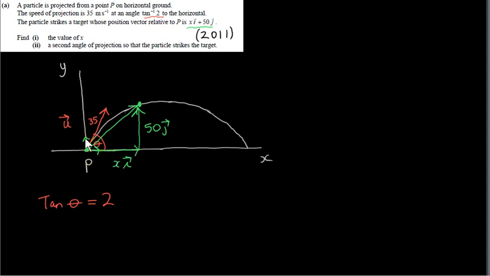And if we multiply j by 50, we get this vector 50j. And if we add xi onto 50j by the triangle law, we get the position vector of the target. The coordinates of the target are (x, 50).